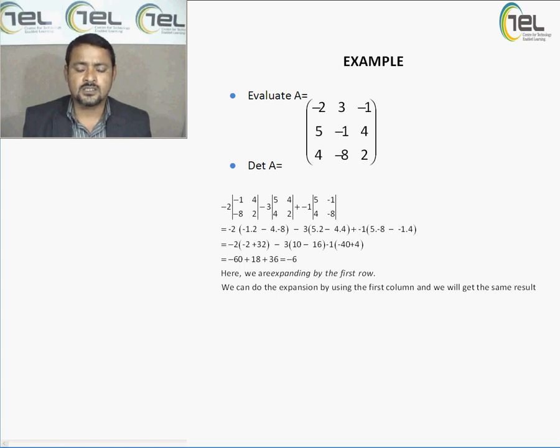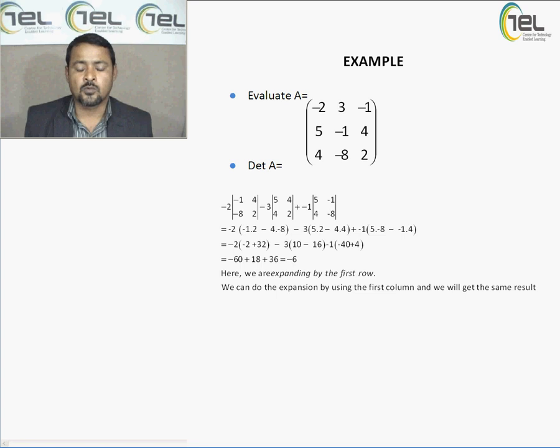The same thing, we take the first number A11, that is -2. We are expanding along the first row only. -2, because the number is minus but the sign is plus, so plus into minus, that's minus 2 into the minor of -2. We eliminate the first row and the first column, you are getting 4 numbers, -1 and 2, 4 and -8, that is the minor of -2.